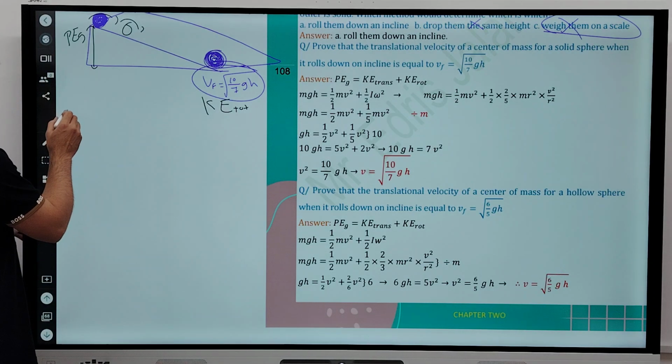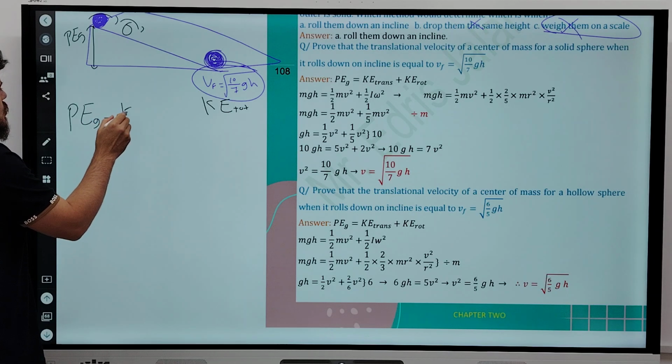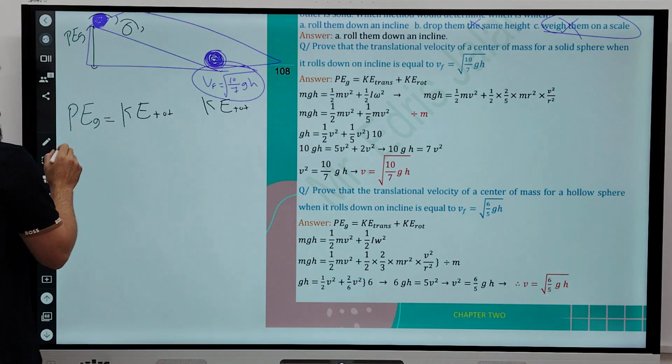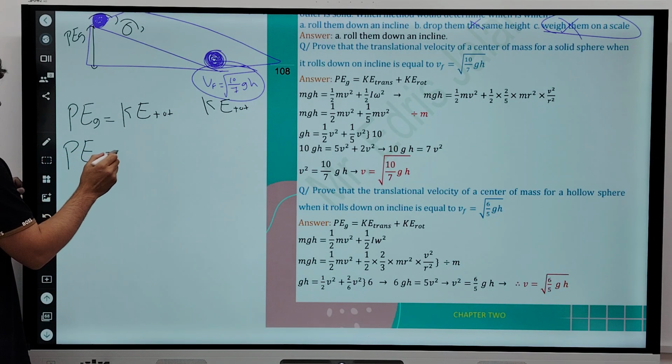So in that case, according to the conservation of energy, gravitational potential energy is converted to what? Total kinetic energy.